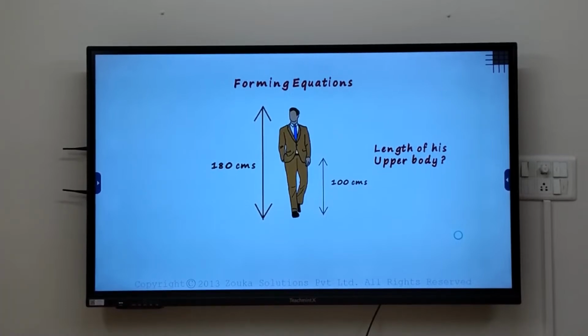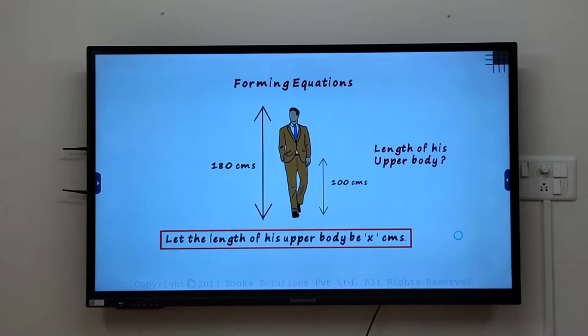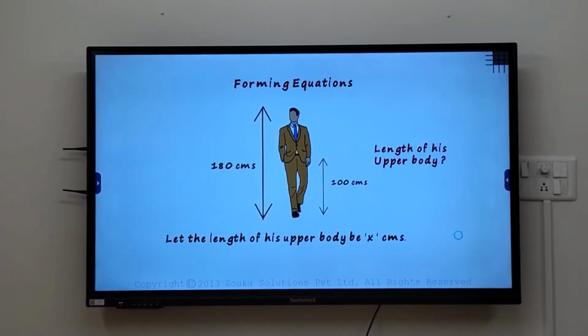So to form an equation, we assign what we want to find out a variable, x. We do this since we need a variable to form an equation. And it's always a good idea to write it next to the figure too. So we write x centimeters here.